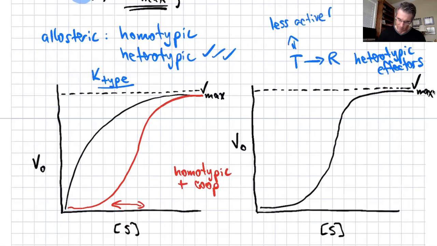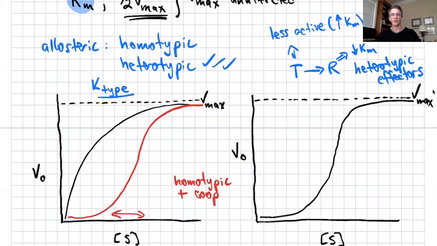And in this case, that would mean it has a higher Km in a K-type system. And the opposite is true for the R state of the enzyme. The R state then has a lower Km, right? So it takes less substrate to saturate the enzyme.